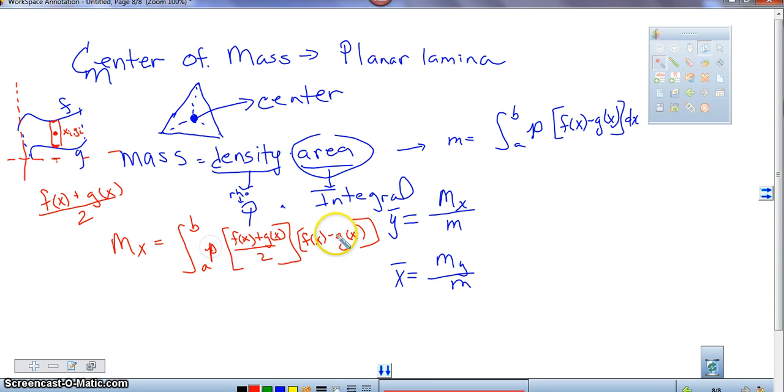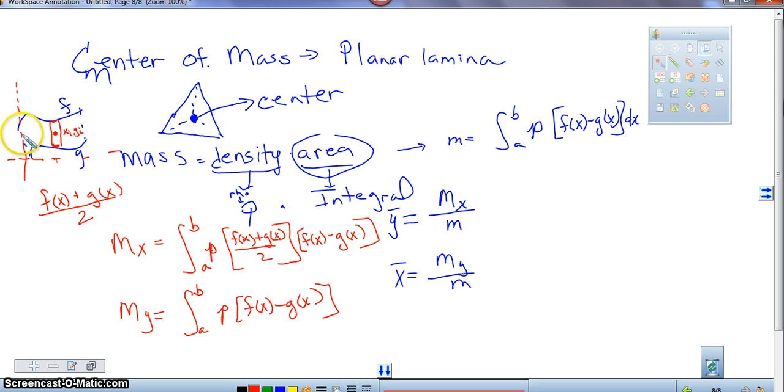So density, area, distance. So then your moment about the y-axis is going to be density times area, because a moment is the mass times the distance. So maybe if I write it this way, the rho times f of x minus g of x. So that's your mass. Now you need your distance.